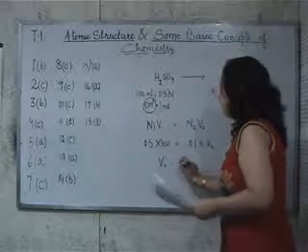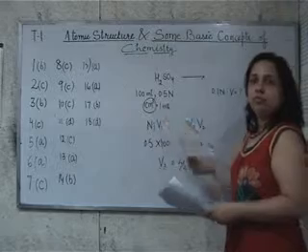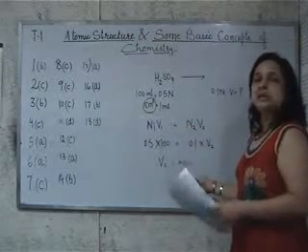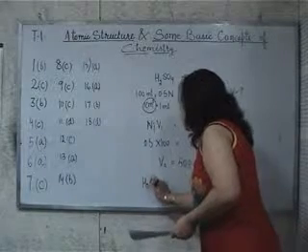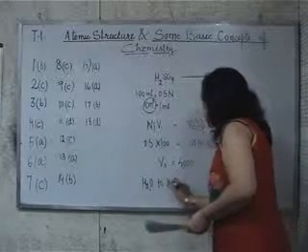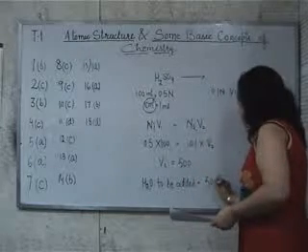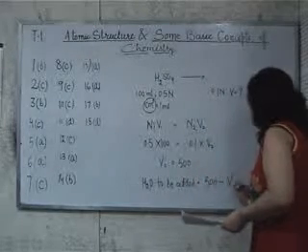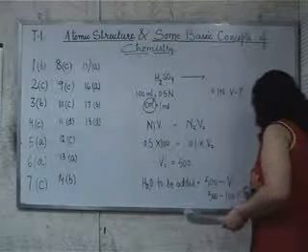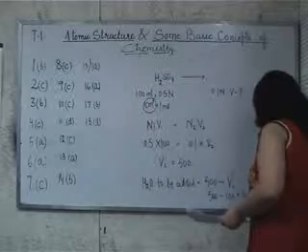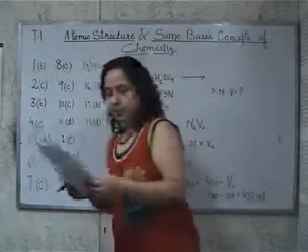V2 comes out to be 500. 100 milliliter is already there. We want 500 milliliter. That means 400 milliliter of water is to be added. It is 500 minus initial volume, 500 minus 100. Answer is 400 milliliter. D option, 18th question.